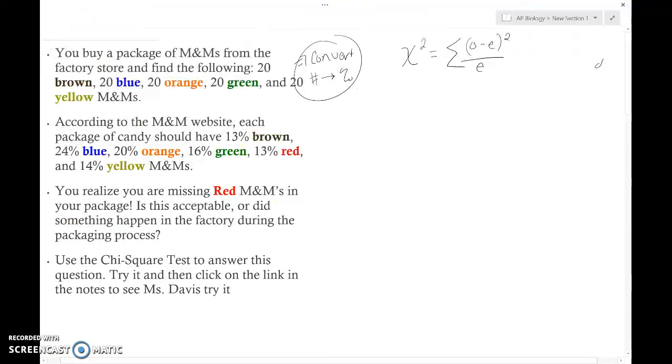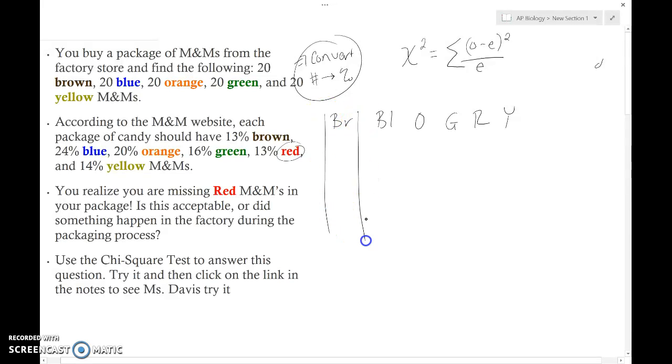You're just going to do that over and over for every color, in the observed and in the expected, so you're going to have one for red. Let's do brown, blue, orange, green, red, and yellow.